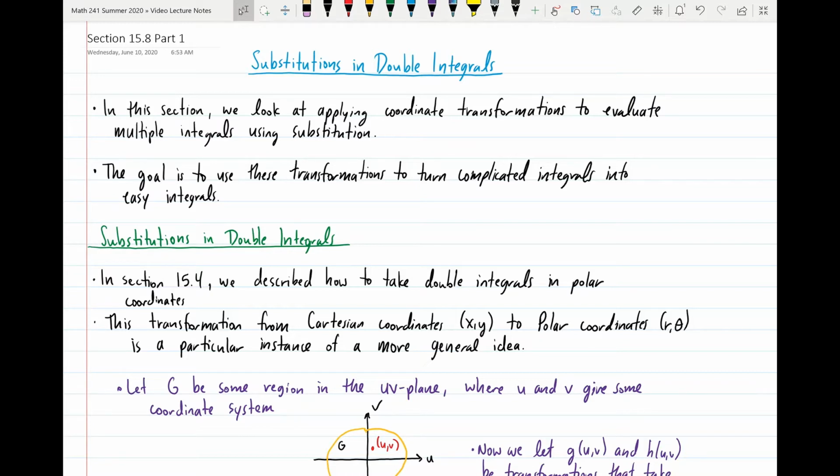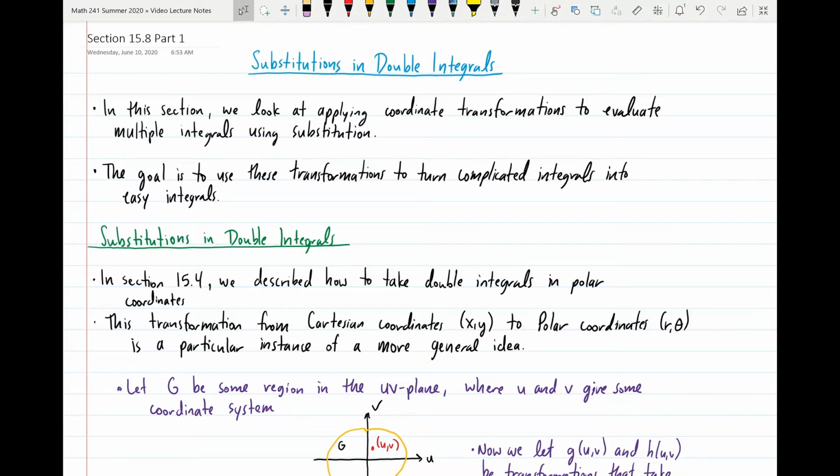In this section, we look at applying coordinate transformations to evaluate multiple integrals using substitutions. Right off the bat, you probably don't know what I mean by coordinate transformations, and that's okay because I will define and describe them a little further down in the video.